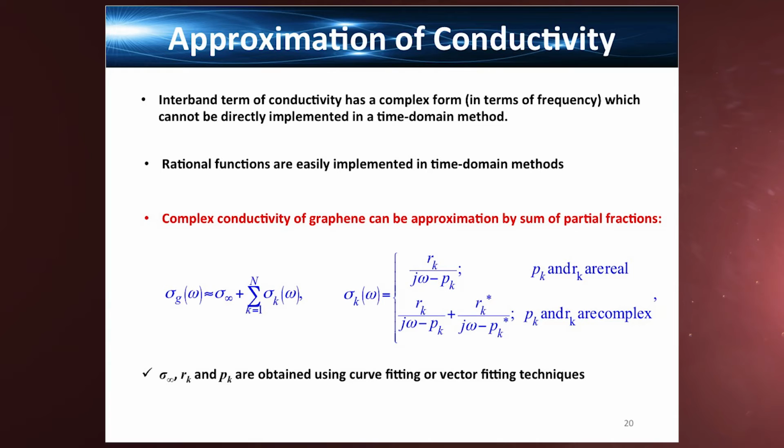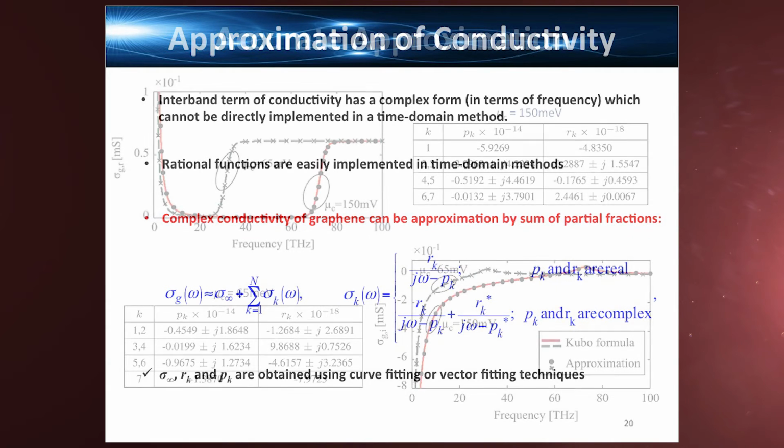Now, curve fitting and vector fitting techniques can be applied for extracting these residues and poles. If we approximate the conductivity of graphene with this expression, we can easily implement it in time domain methods.